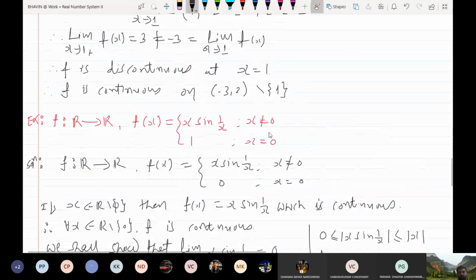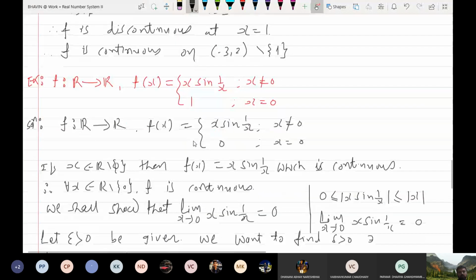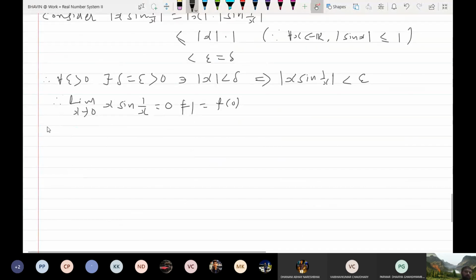See, what is the definition of f of 0? F of 0 is 1. So you can say that f is discontinuous at x equal to 0.